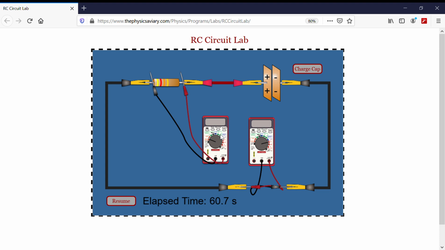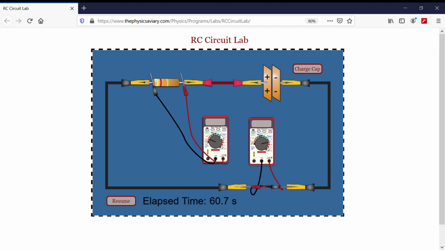Now, it would be great to check whether our results are correct or not. Okay. Did we make a mistake in the calculations or in our measurements? Well, let's find that out. Well, we know that the time constant tells us the time it takes for the voltage across the resistor to drop to 36.8% of its original value, which was 9 volts in our case.